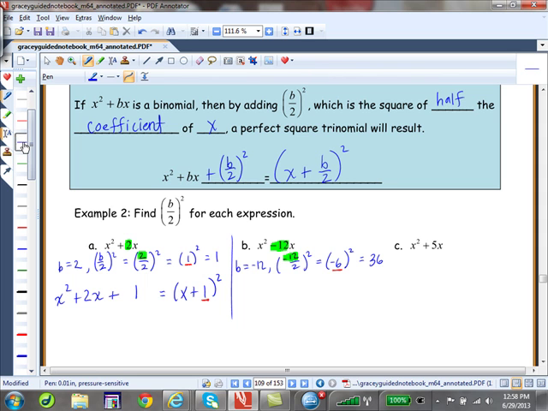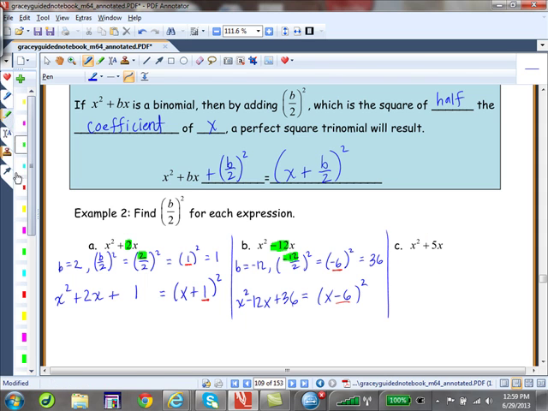So the end result is that x squared minus 12x plus 36 is equal to x minus 6, the quantity squared. And that was from here. All right, and last one. We have our b is 5.